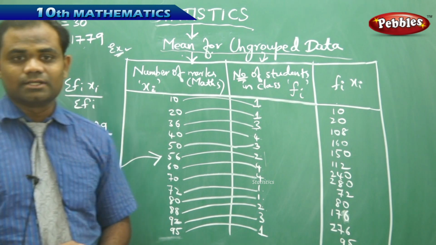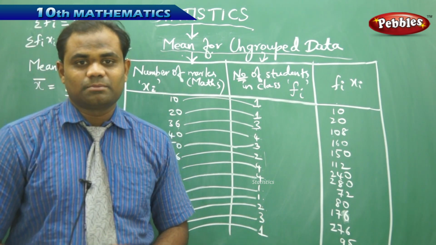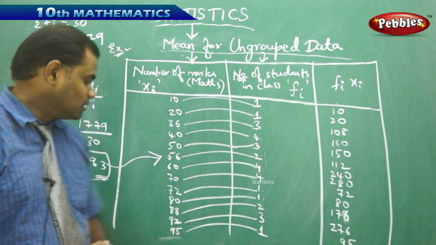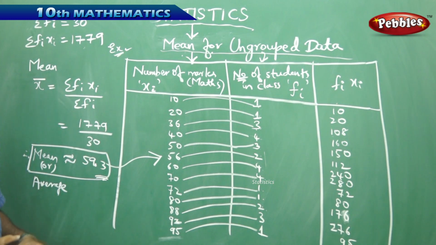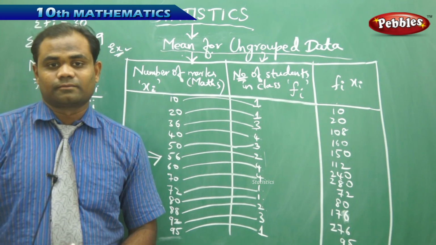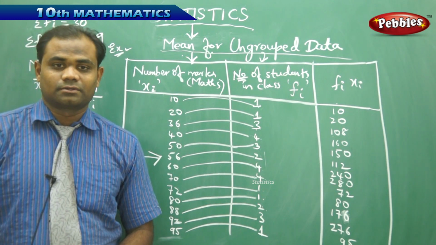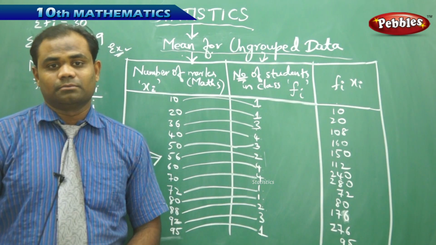So mean helps us in identifying the average of the class. So average marks of the entire class being 59.3 is not a bad average, but a medium average in the entire class, is how we understand mean in real life. Mean is average, and for ungrouped data, this is how we do it through an example problem.